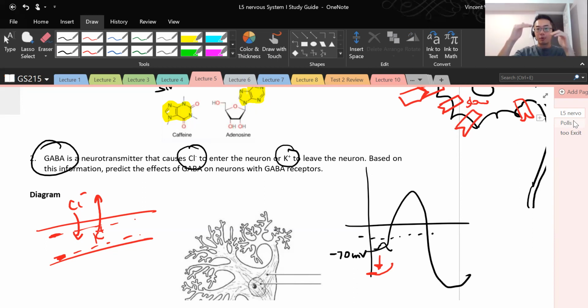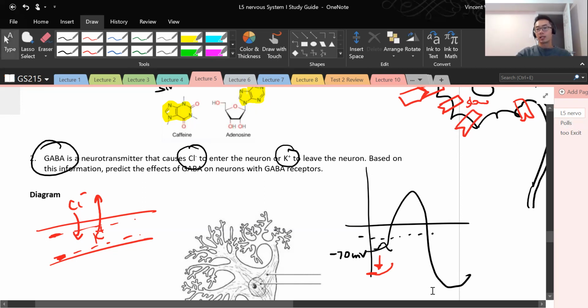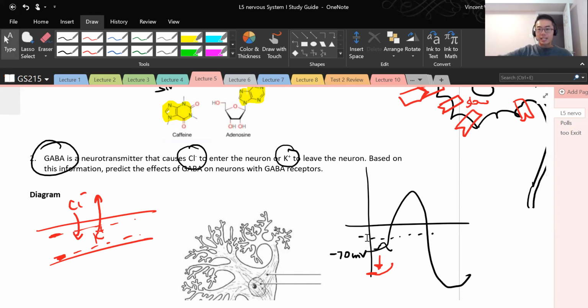At the same time, GABA will push it back down. So it's like a tug of war, right? If you have more excitatory neurotransmitters, then eventually you will get pushed over the threshold, then you will conduct a signal. But if you have more inhibitory signal like GABA, it will keep on suppressing the membrane potential, and you will never transmit that signal.